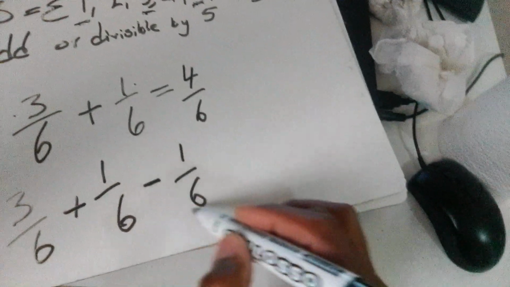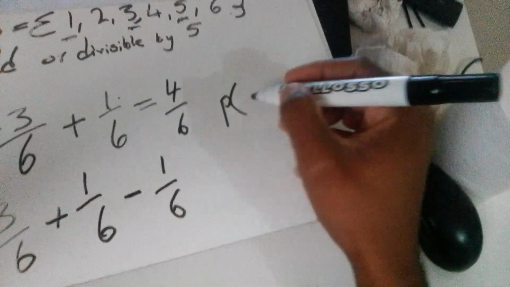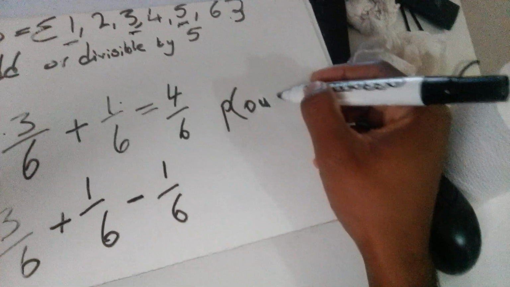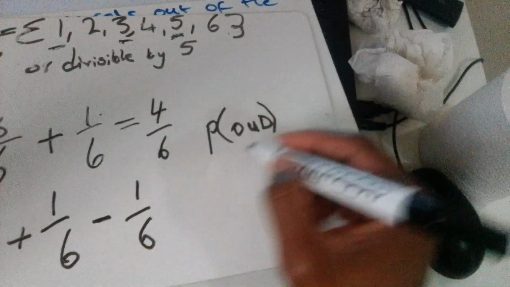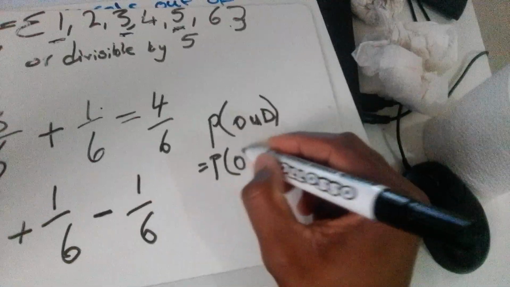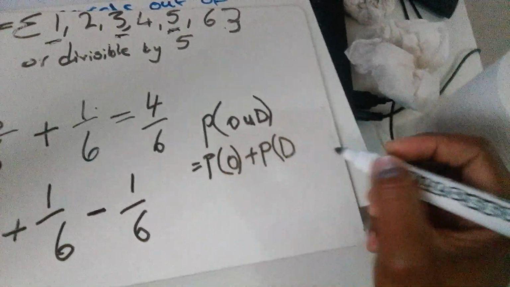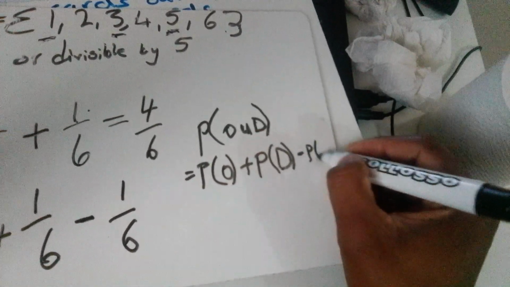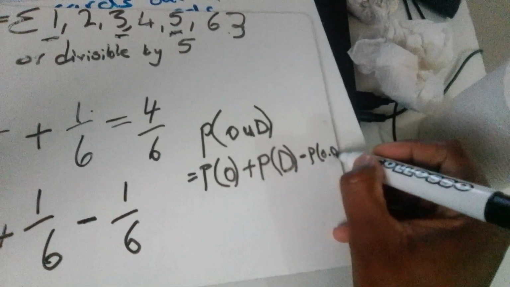So where do I get this? Here is the formula. Probability of, let's say, odd or a number divisible by 5, is equal to probability of odd plus probability of a number that is divisible by 5, minus probability of odd and a number that is divisible by 5.